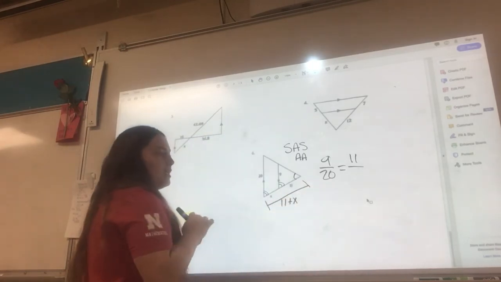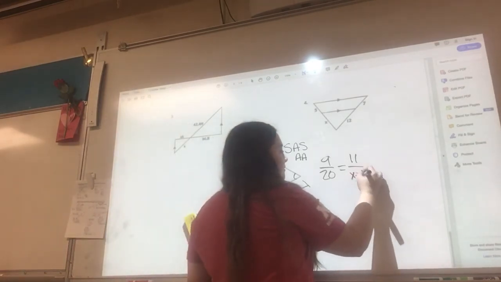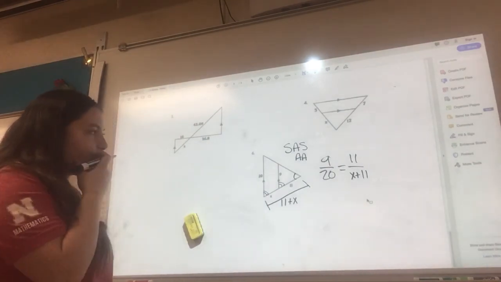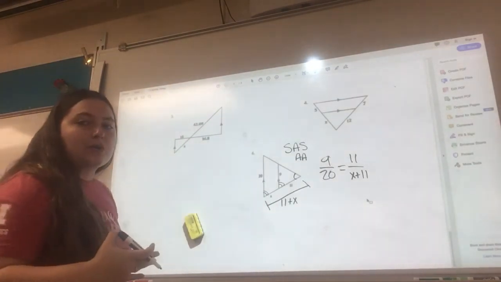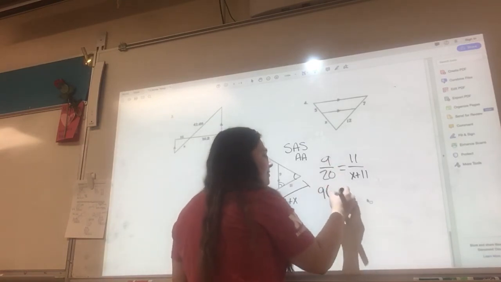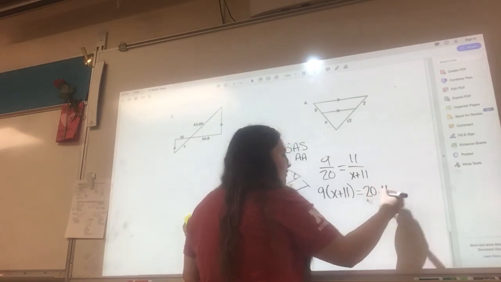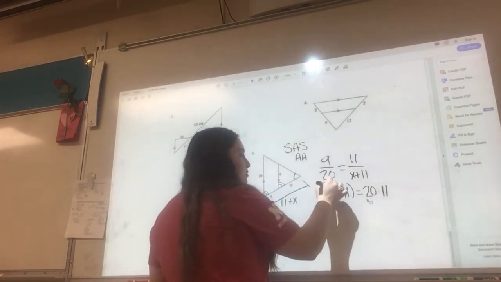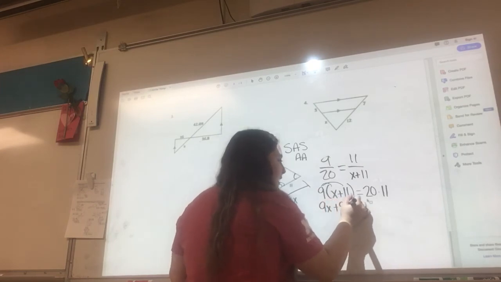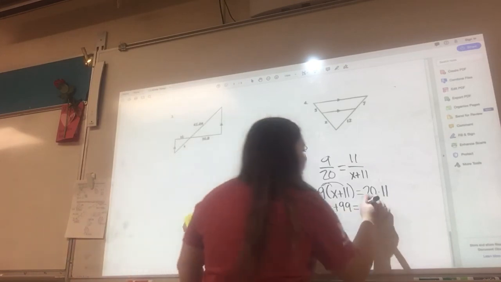Again, just making sure you understand that. So I'm going to rewrite this as x plus 11. Doesn't matter either way since it's addition, it's commutative. Now this is just proportions. We cross multiply, we're going to get 9 times x plus 11 equal to 20 times 11. We're going to distribute the 9. We're going to get 9x plus 99 equal to 220.